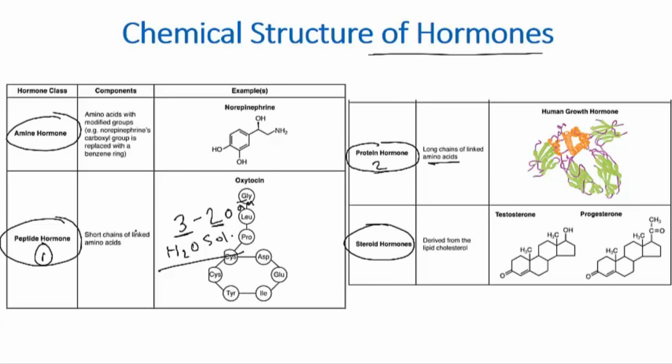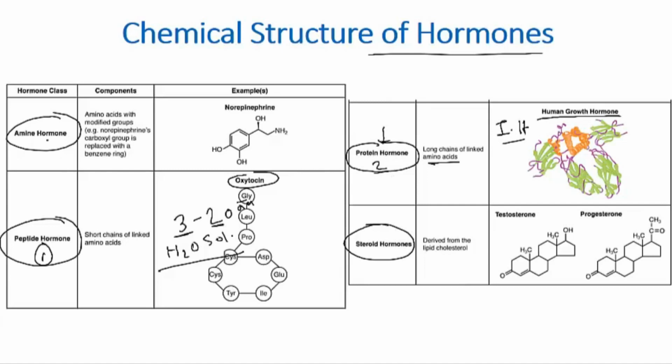Now, an example of a short chain peptide hormone is oxytocin, while examples of a protein hormone, which is a big one, are human growth hormone or insulin. All these are protein hormones because they are made up of a larger chain of more than 20 amino acids.